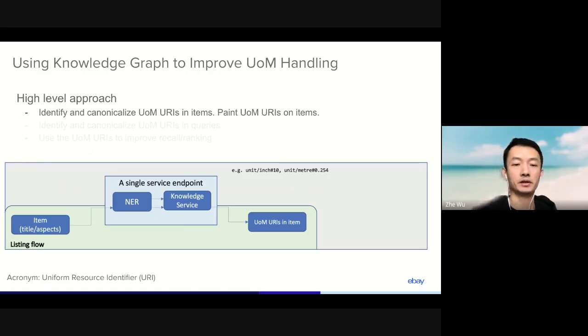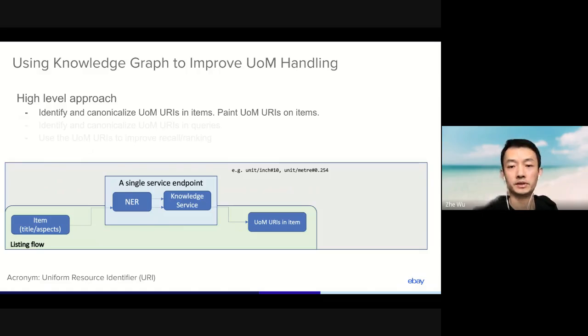The box in the middle captures the key logic. We use a deep learning based NER model with character level encoding. The output, those entities and segments, is fed into a knowledge service.